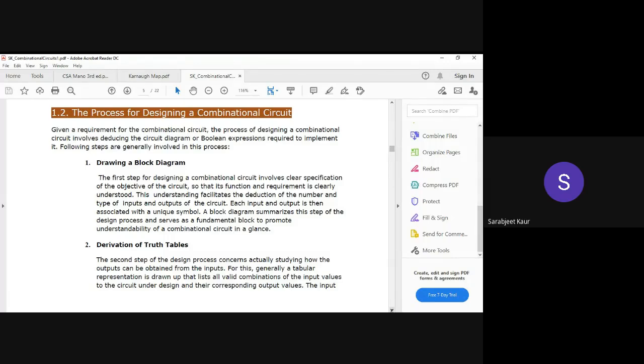And then we will follow through these steps. For the two examples that I quoted in the last class for the combinational circuits, namely a half adder and a full adder, we will see how to design a half adder and a full adder using these steps one by one, from scratch. Is this clear?